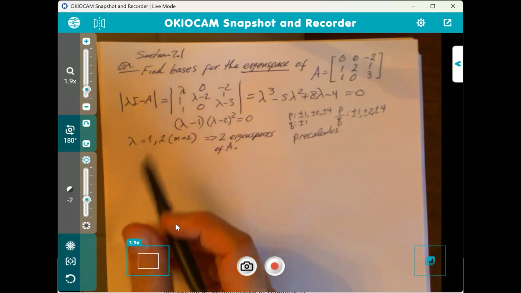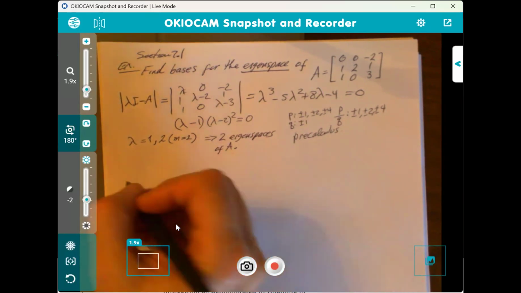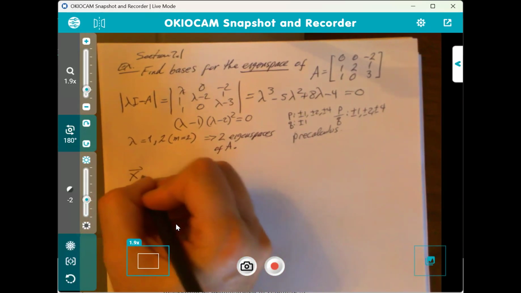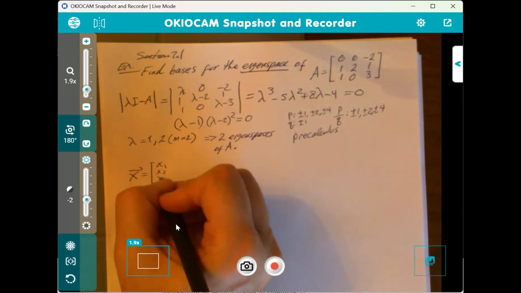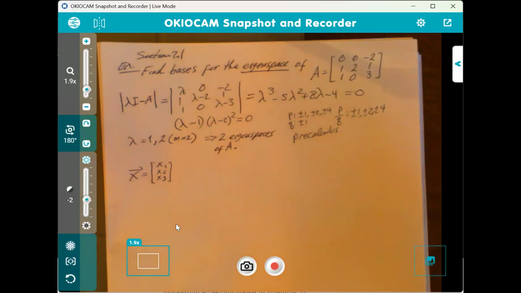Now, again, by definition, matrix X, and what is this matrix X, by the way, which is a column vector? It's a vector of variables, right?